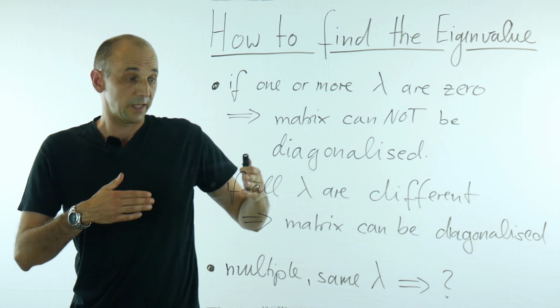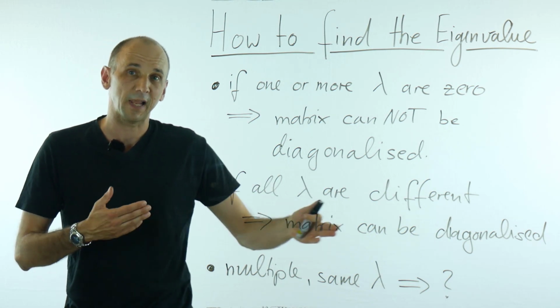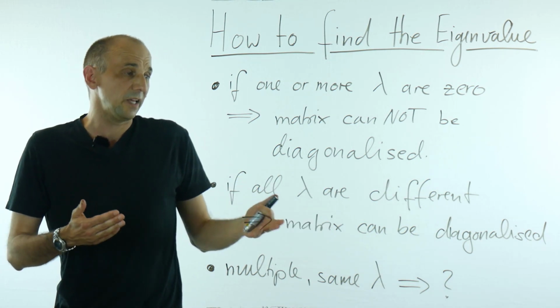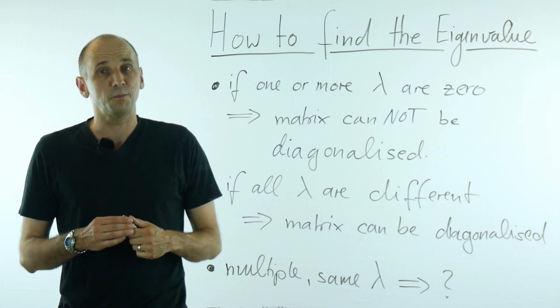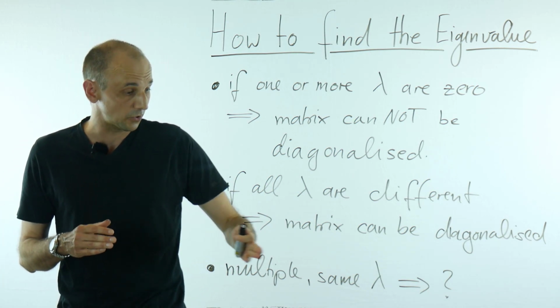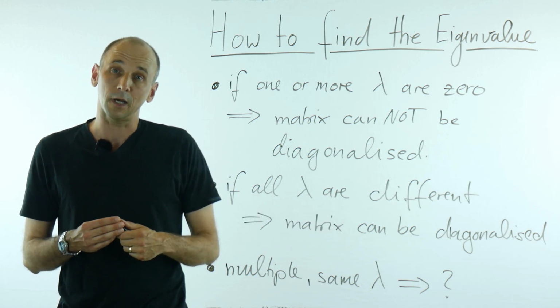And if we have some multiple solutions, some lambdas which are the same, then we cannot say if it can be diagonalized or not. And this is also beyond the scope of this lecture. If you come to this situation, then you go and ask a mathematician.